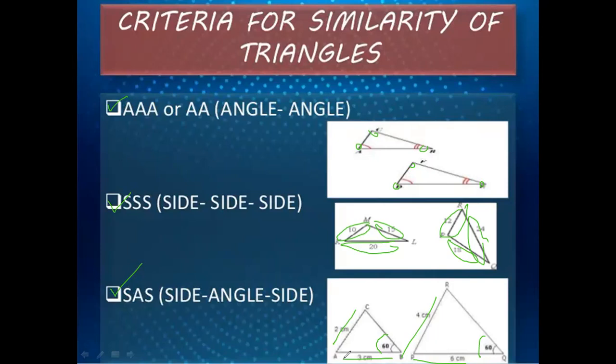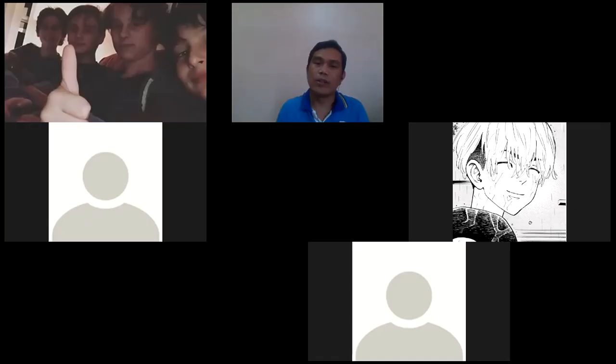Okay, so again, in this topic, we are to compare two triangles, and from there we will identify whether they are similar or not. Now take note, there are different types of triangles, and there are also different types of classification.